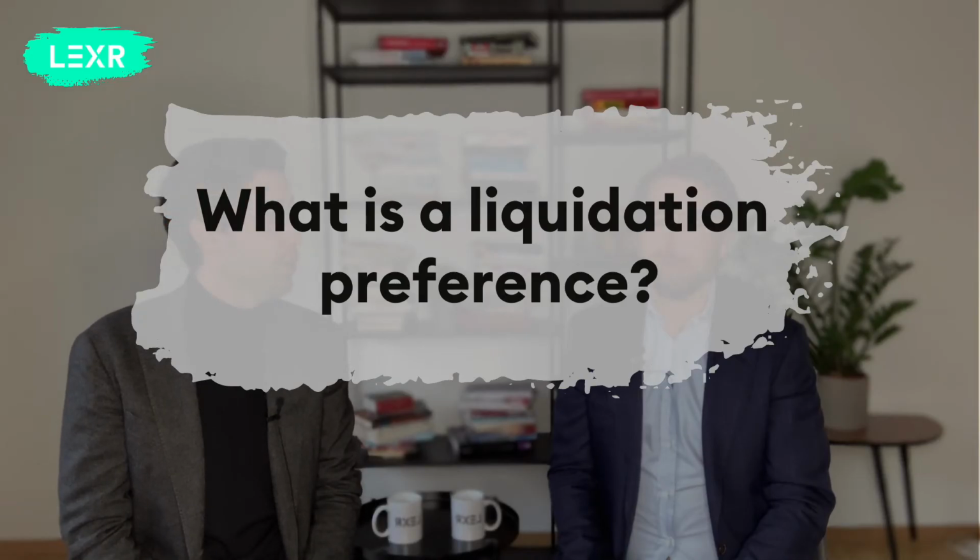Another big difference can be in the liquidation preference. What is behind that term? So the liquidation preference on the one side protects the investment of the investor. So if you negotiate a liquidation preference for your 1 million investment, this million is protected, but to the detriment, of course, of myself, the founder.